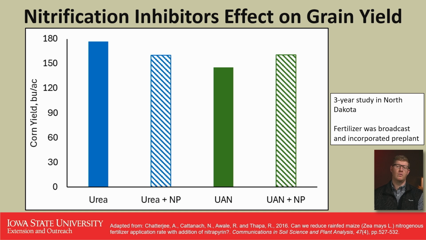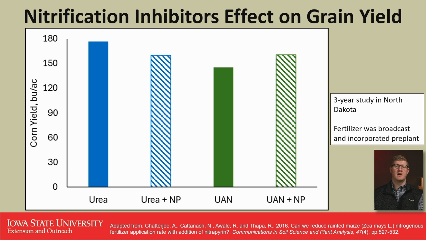There was really no worry for volatilization, which can happen if you were to leave these different fertilizer sources on the surface. The main takeaway again here is that there was really statistically no difference in yields amongst any of these treatments.